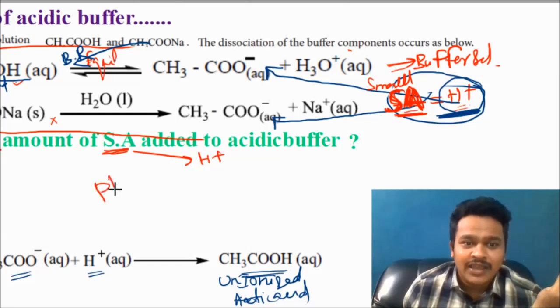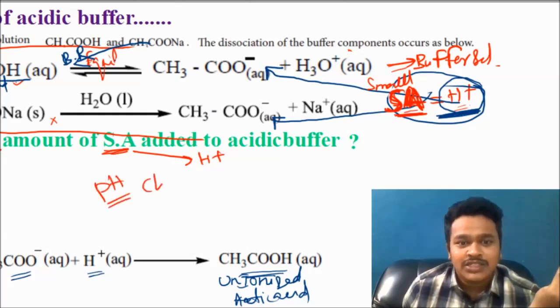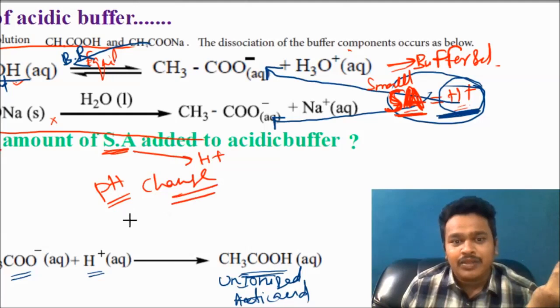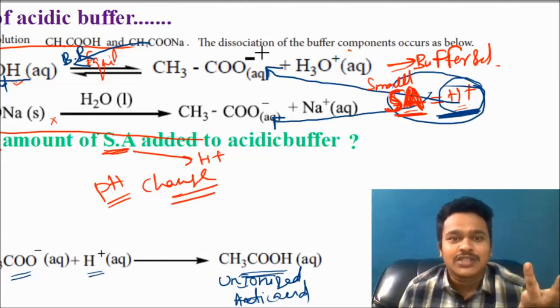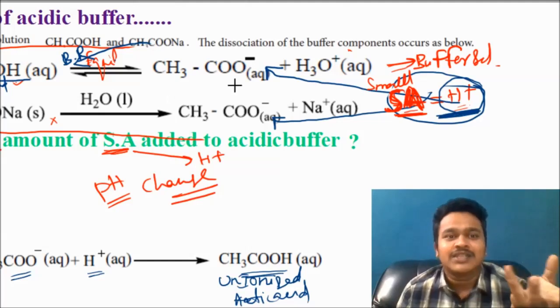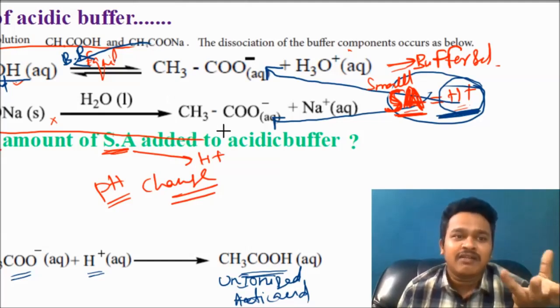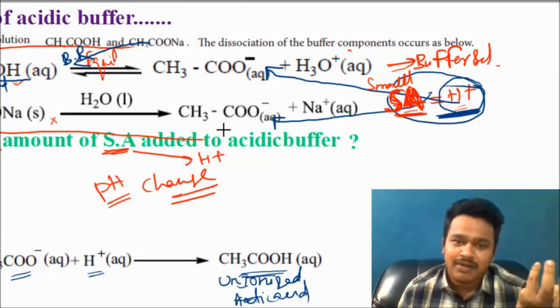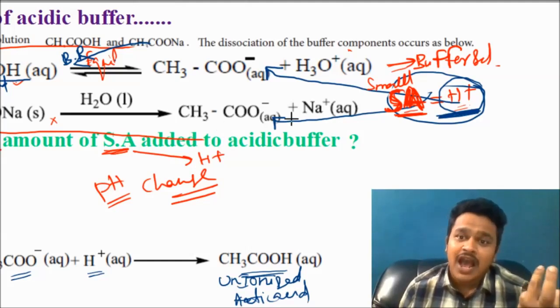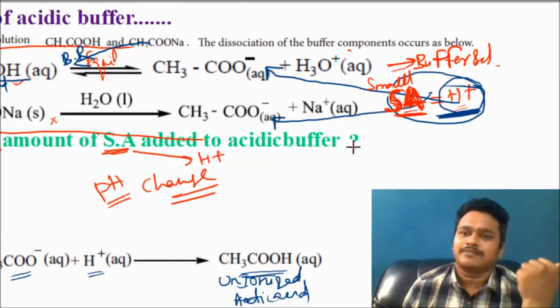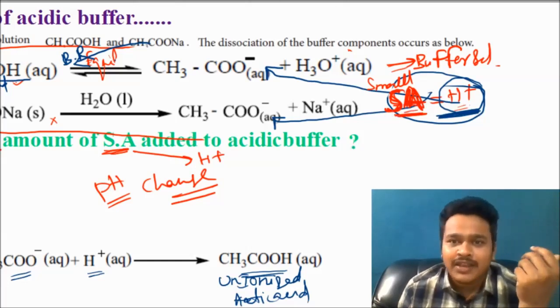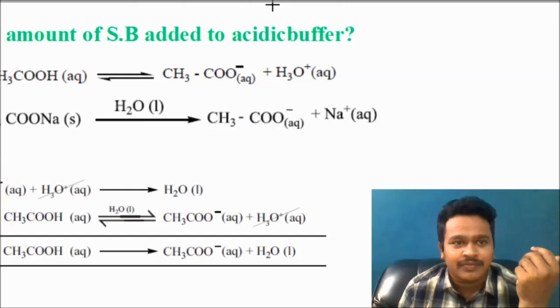That is why there is no significant change in the pH, and that is why this solution is a buffer solution. That is the action of the acidic buffer solution after addition of a small amount of a strong acid.